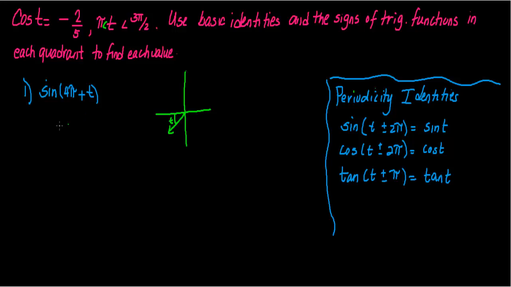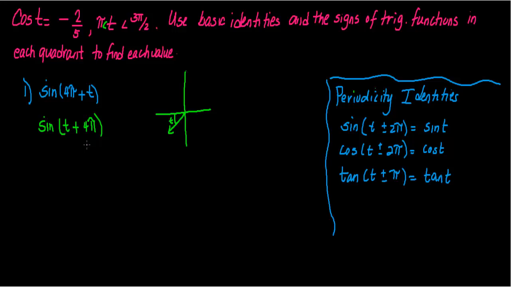Since I have a plus, this is very simple to rearrange so that it looks more like what the identity says. By the commutative property of addition, I can say 4 pi plus t, or I can say t plus 4 pi. It's the same thing.